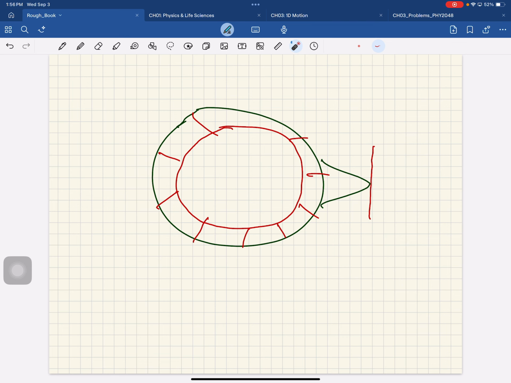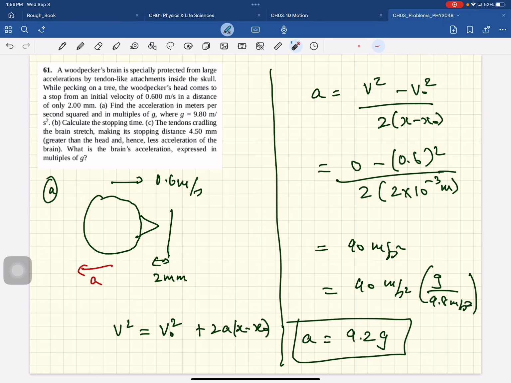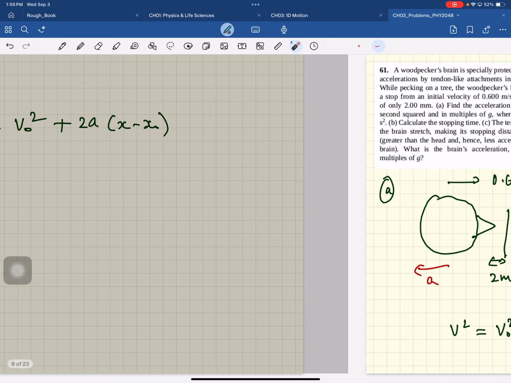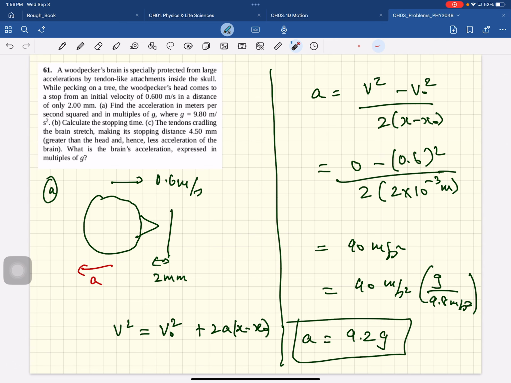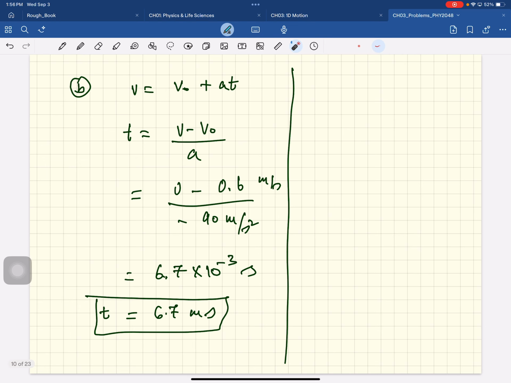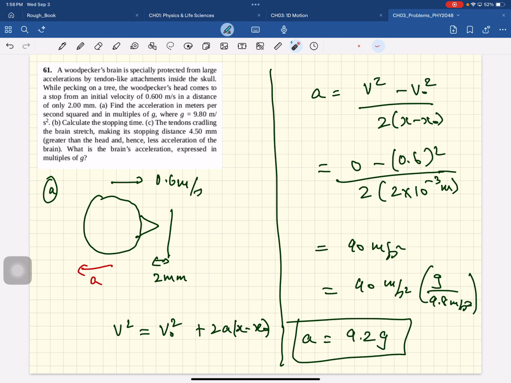So the tendons cradling the brain make its stopping distance 4.5 millimeters. Here's a simple thing: you increase the stopping distance to more than twice the original distance, from 2 millimeters to 4.5 millimeters. And that's what your airbag is doing.